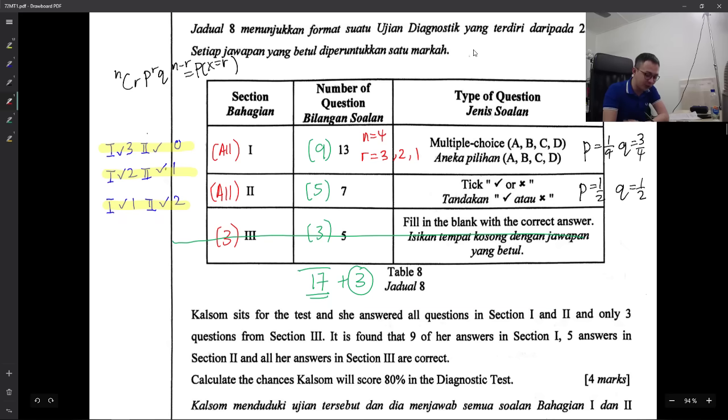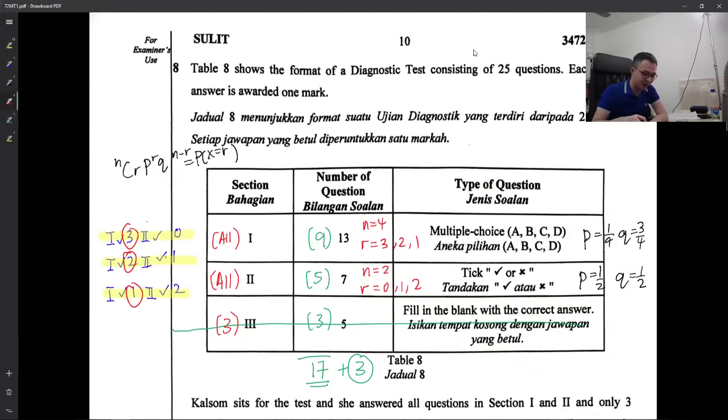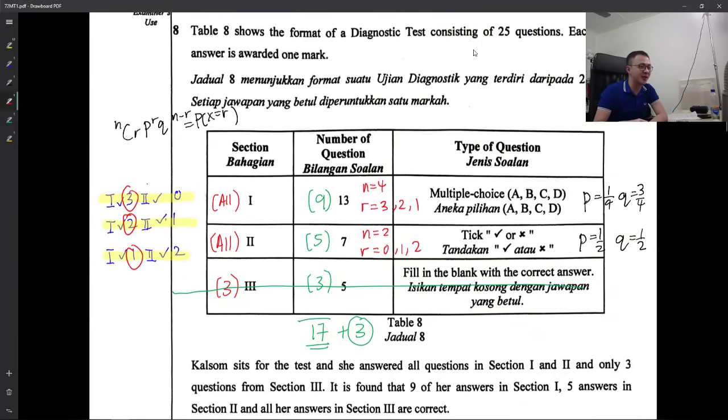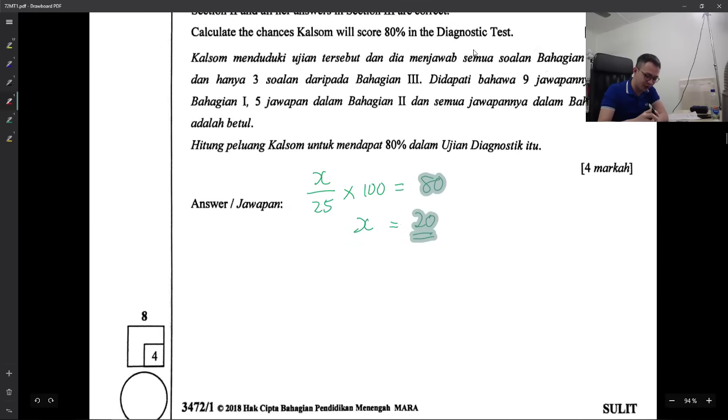For part 2, N is 2 because 2 questions are left. The R over here, corresponding to 3, 2, 1, will be 0, 1, and 2. Now we have all this information, we can work it out and see whether we can get the answer. There's limited space here, so I will try to work it out over here.